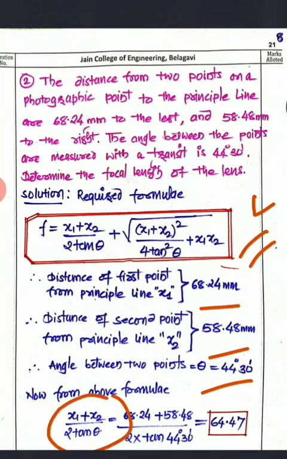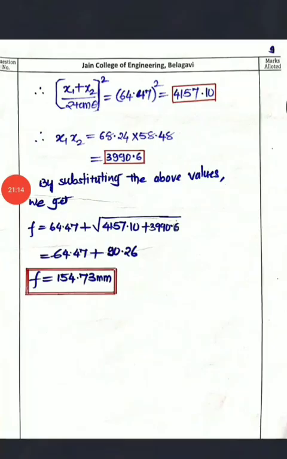I'm taking out the first term, x1 plus x2 divided by 2 tan theta, and putting in all the values, I got 64.47. Now I'll go for the second term. x1 plus x2 divided by 2 tan theta whole square, if you separately segregate, is 64.47 whole square, which is 4157.10, right?